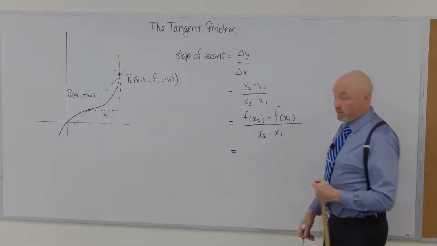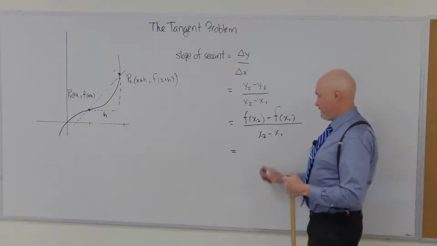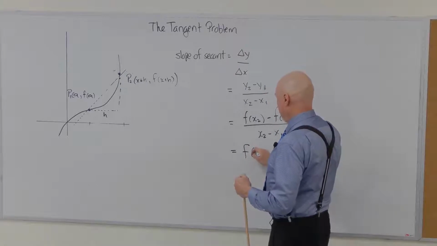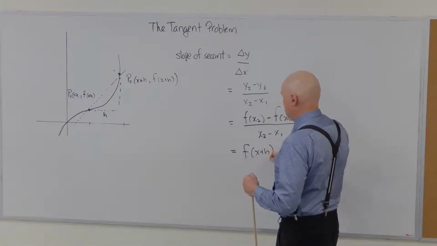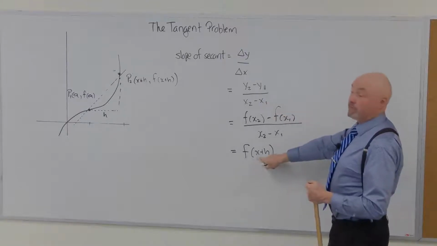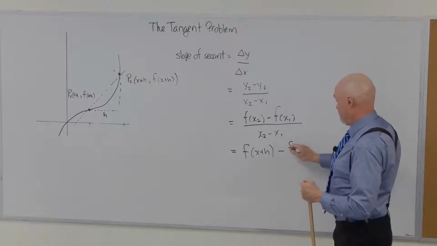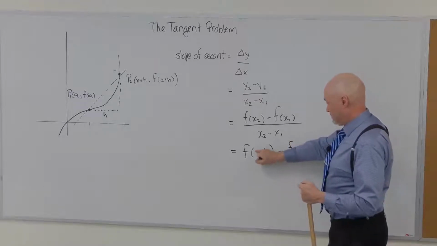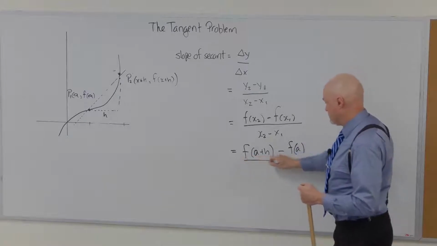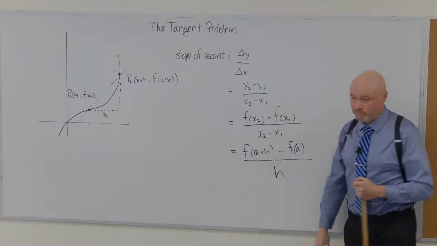And now we're going to go to the final form of the difference quotient. Everybody ready for it? Instead of x2, now I've got a plus h. Instead of y2, I've got f at a plus h. Instead of y1, I've got f at a. And then x2 minus x1 is really just h.